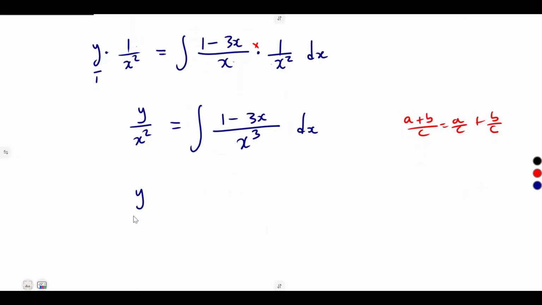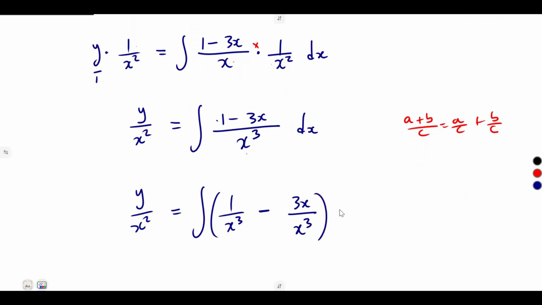So that was going to give us y over x squared is equal to the integral of 1 over x to the exponent of 3 minus 3x over x to the exponent of 3.